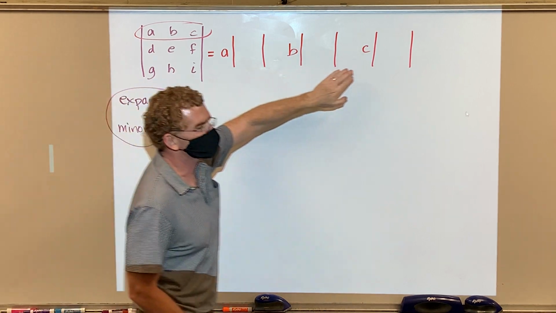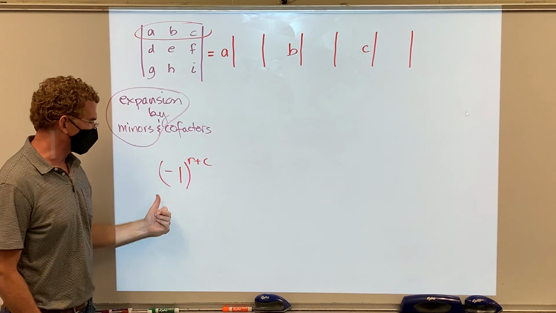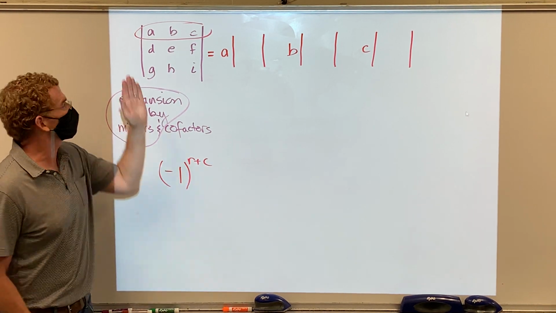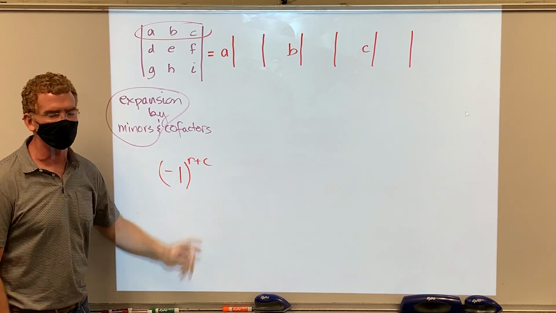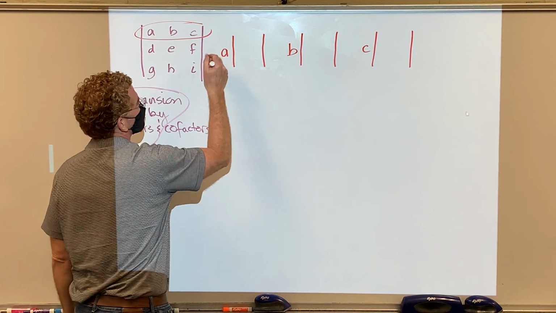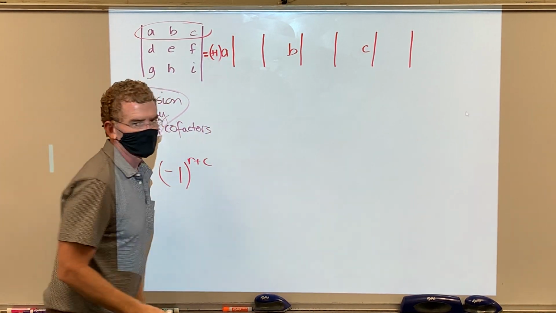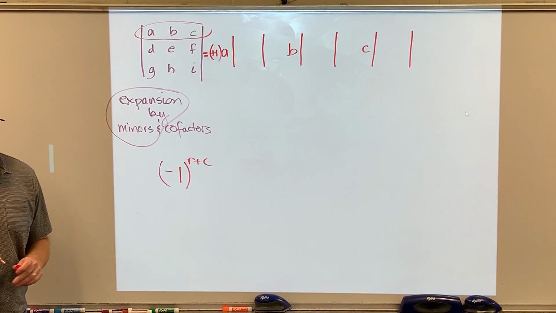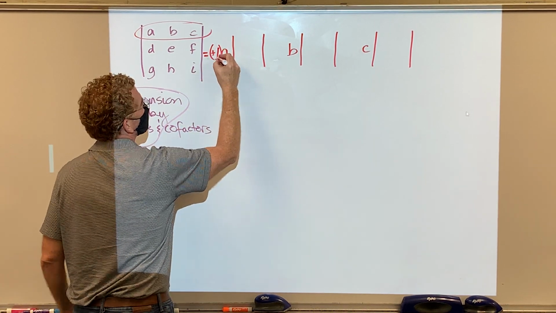Each A, B, and C needs to be multiplied, and I'll show you a better way to do this, by -1 to its row plus column. Now, since it's in the first row, first column, 1 plus 1 is 2. What's -1 squared? +1. So I'm going to multiply that by a +1, which essentially does nothing, doesn't it? It doesn't make it positive, it just doesn't change anything. Are you tracking with me? That's supposed to be a +1 right there.